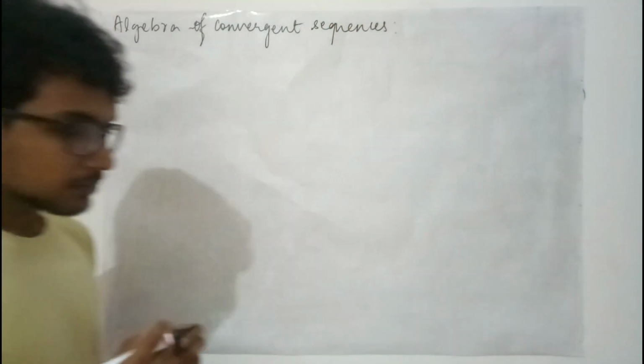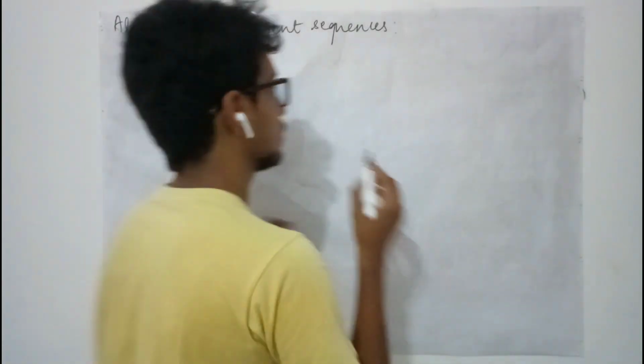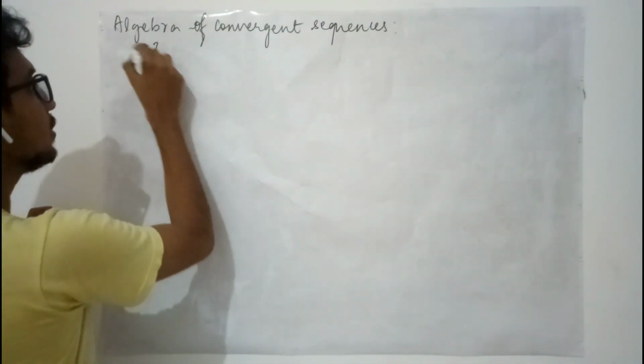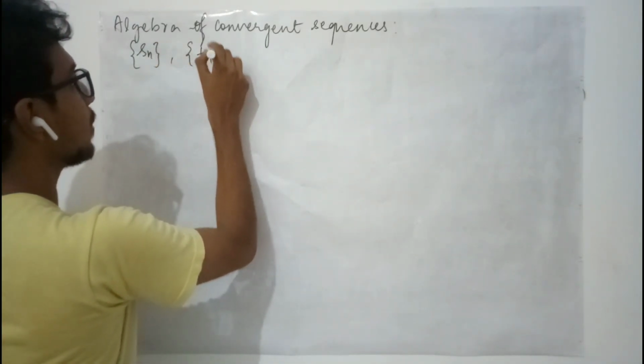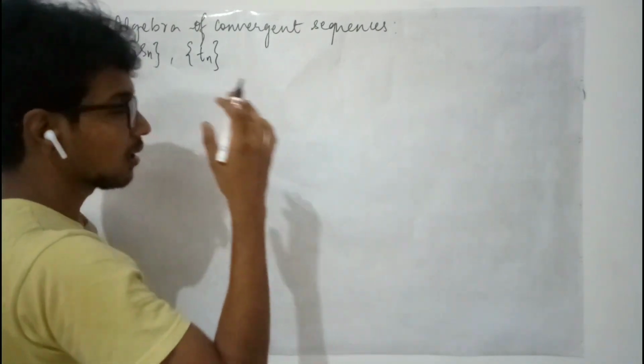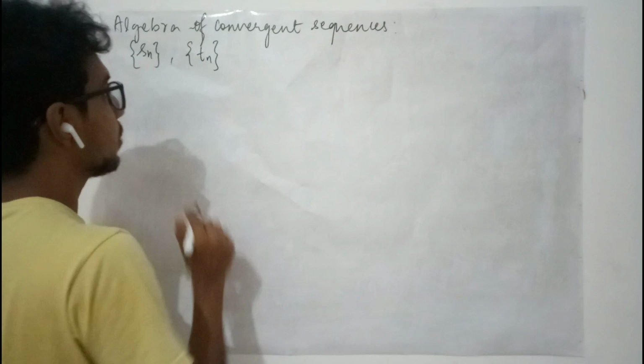First, let us see what we mean by algebra of convergent sequences. Suppose Sn is some sequence in a metric space X and Tn is another sequence in the same metric space.